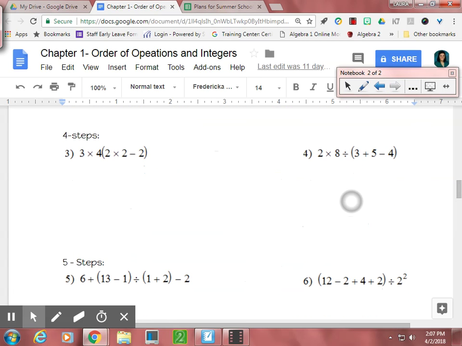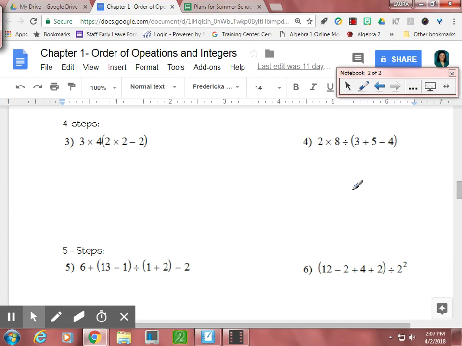Okay, four-step equations. We're going to start inside of our parentheses here. So we start inside and we look, okay, do I do multiplication first or do I do subtraction? Well, we always want to do the multiplication part first. So multiplying those together, I get 4 minus 2. Well, 4 minus 2 is just going to give us 2.